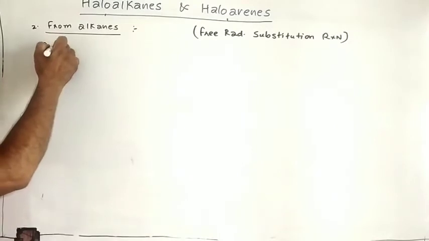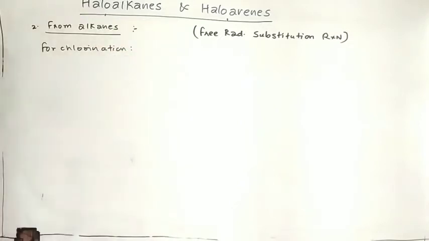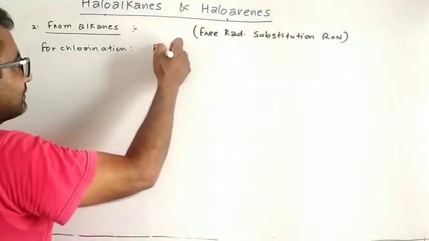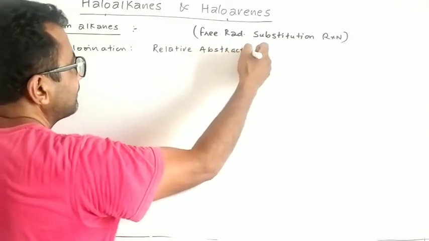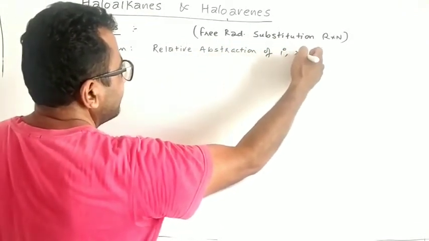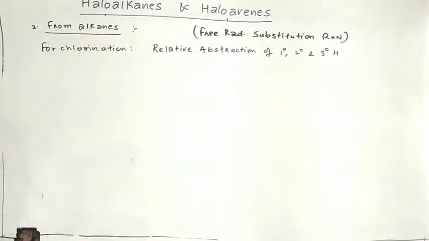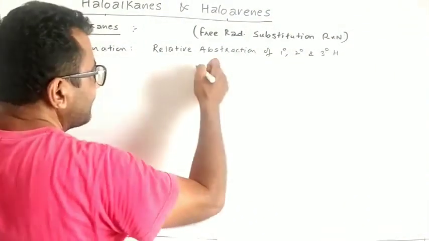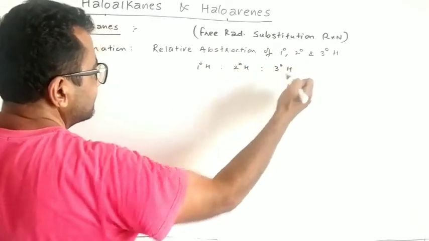For chlorination, when we are using chlorine, the relative abstraction of 1 degree, 2 degree and 3 degree hydrogen are in the ratio of 1 degree hydrogen is to 2 degree hydrogen is to 3 degree hydrogen.